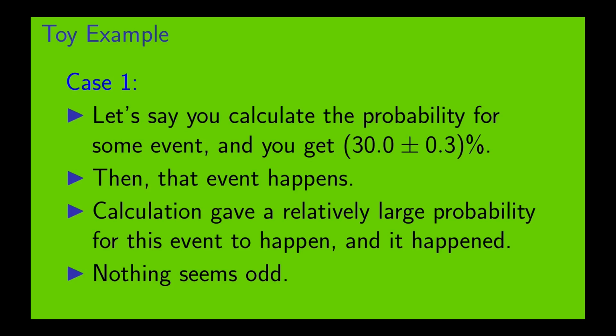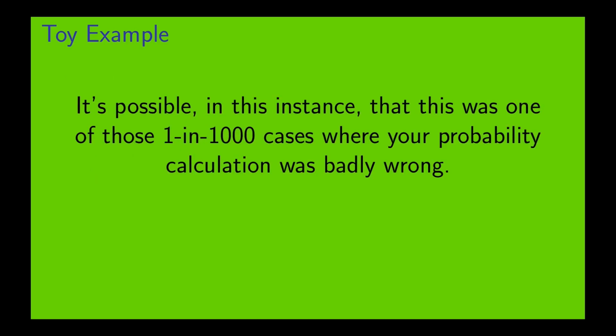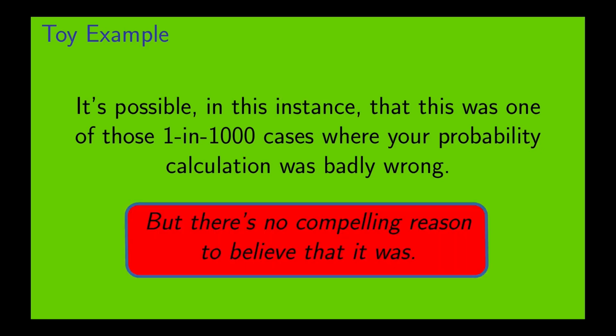So your calculation gave a relatively large probability of that event to happen, and it happened. Nothing seems odd about this. Now it's possible in this instance that this was one of those 1 in 1,000 cases where your probability calculation was badly wrong. But there's no compelling reason to believe it was.